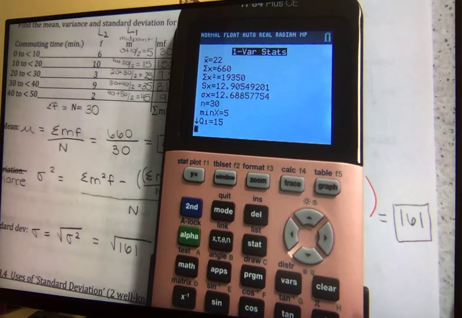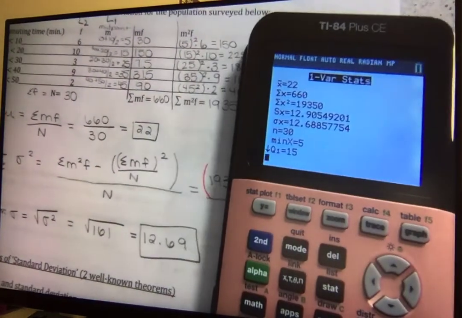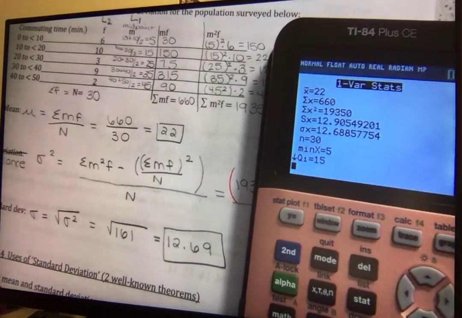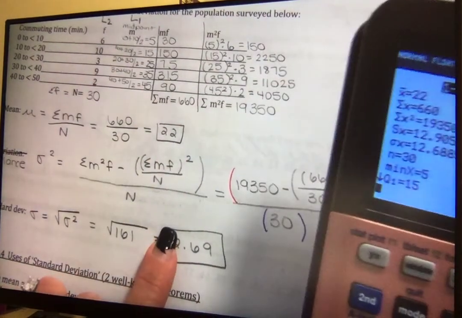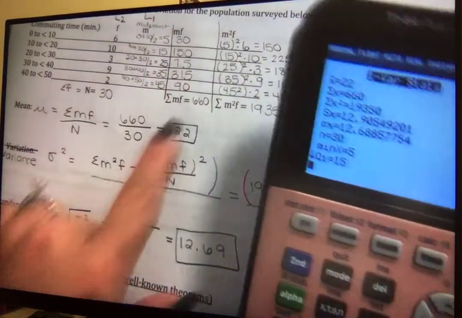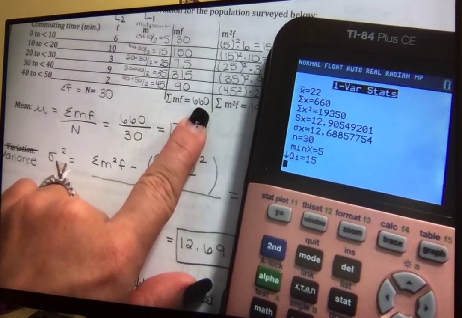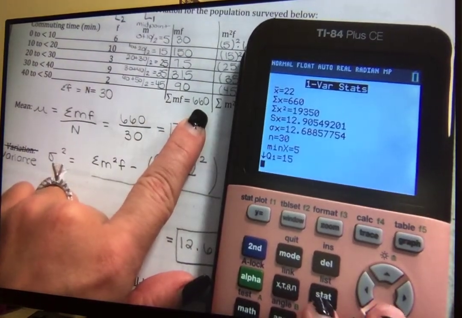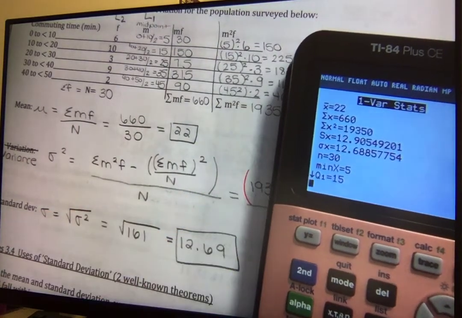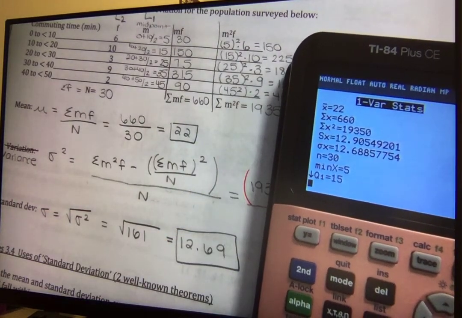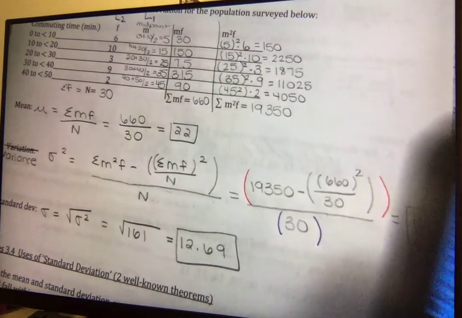Look at this nice information they give us. It gives us X bar, which is our mean, which is 22. It gives us our sum of X, which was 660. We had to do the M times F and all that good stuff. It gives us sum of X squared, which is 1935. It gives us our standard deviation and our variance. It gives us a bunch of stuff.